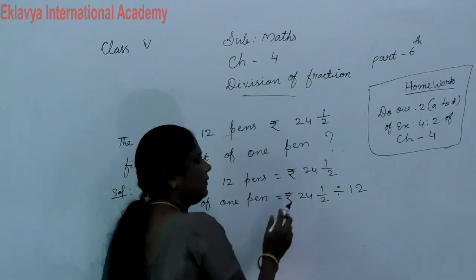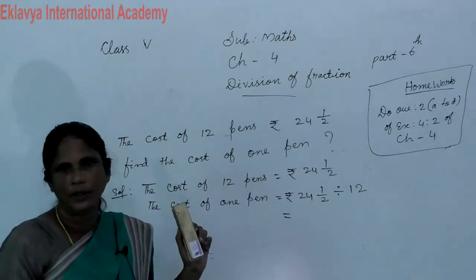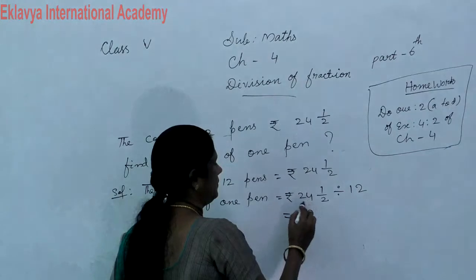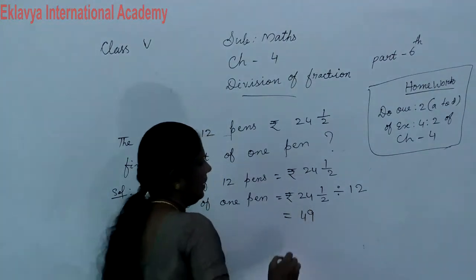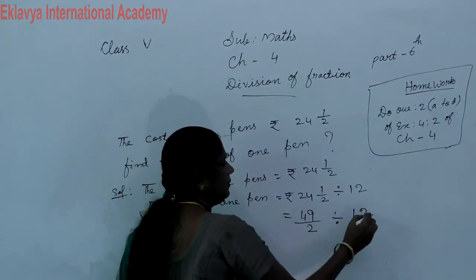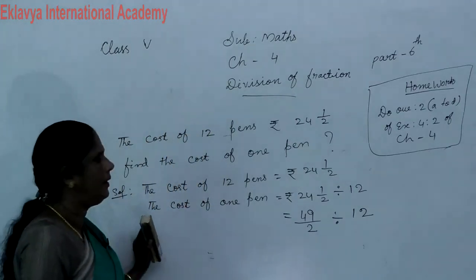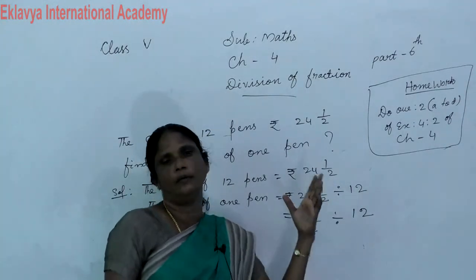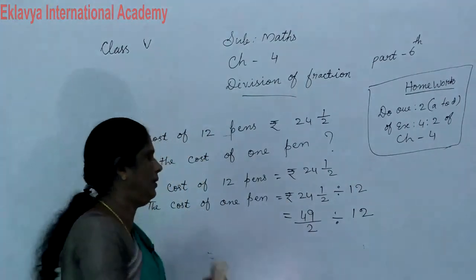Then first you convert mixed into improper. Then 49 upon 2 divide 12. Then we divide a fraction by a whole number. What do you do? Reciprocal.